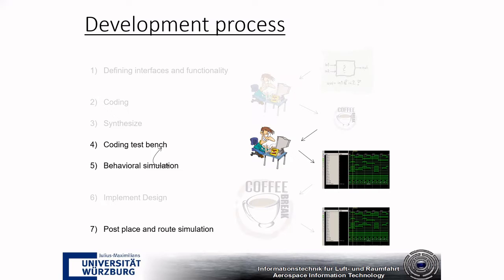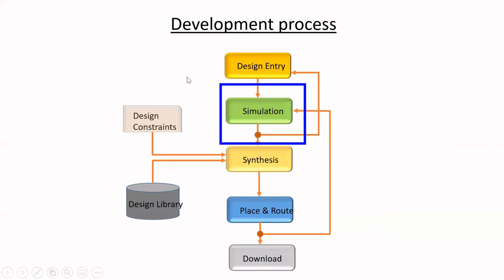So this is a really bad approach when your design is complicated and you are not sure about the validity of your code. So before you go into the synthesis and the next steps, you always want to verify your code by using simulation, what you have seen in the previous slide. Just after the design entry, just after writing the VHDL or Verilog code, you perform the simulation before doing anything else.